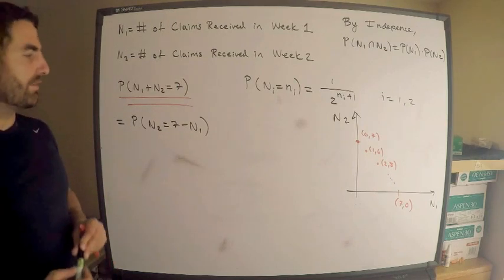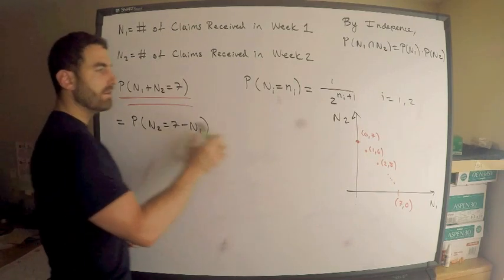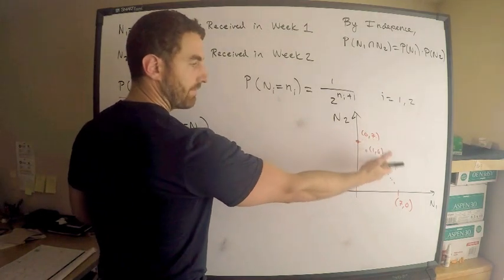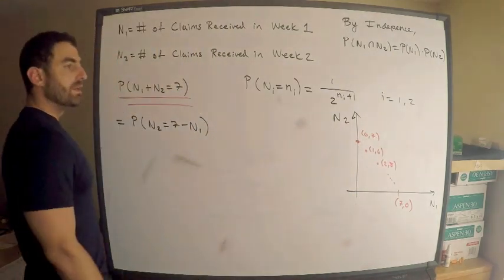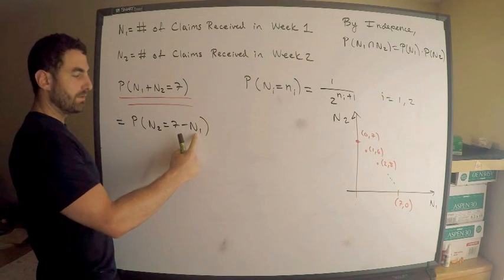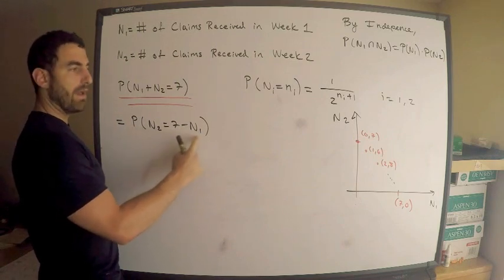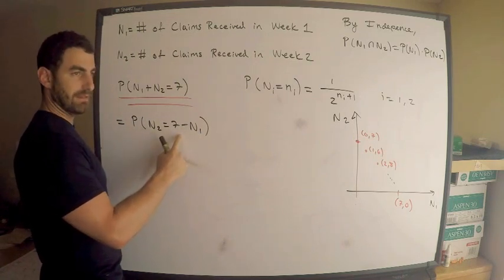I want you to think about this for a second. This exactly follows with what I was just saying over here. Look at my points. N1 can be 0, then N2 is 7. N1 can be 1, then N2 is 6.